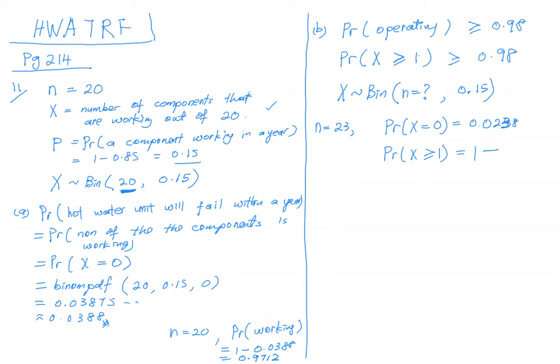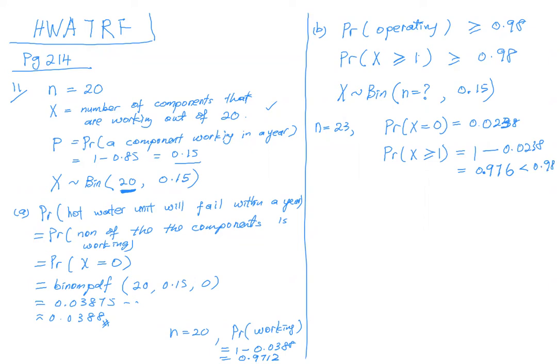Okay, so 1 minus 0.0238. So I get, okay, I still don't get the answer that I want, correct? Okay, so it's still less than 0.98.